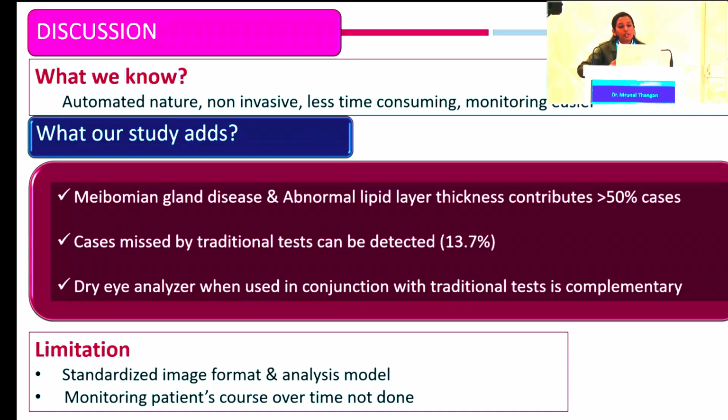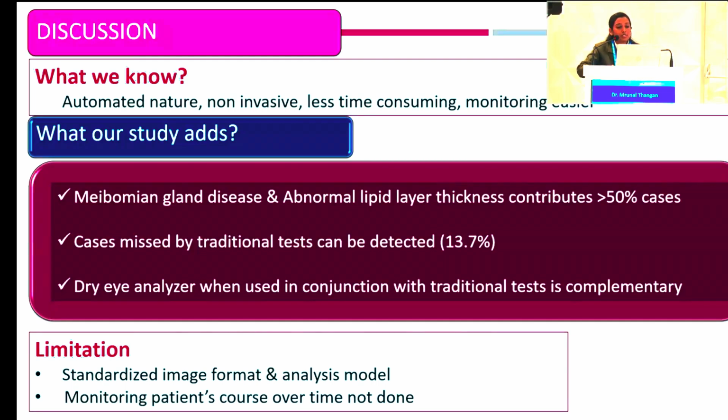What we already know about multi-imaging integrated devices is that they are automated in nature, non-invasive, less time consuming, and the monitoring is easier. What our study showed is that meibomian gland disease and abnormal lipid layer thickness contribute more than 50% of the cases. The cases missed by traditional tests can be detected. The dry eye analyzer, when used in conjunction with the traditional tests, is complementary.